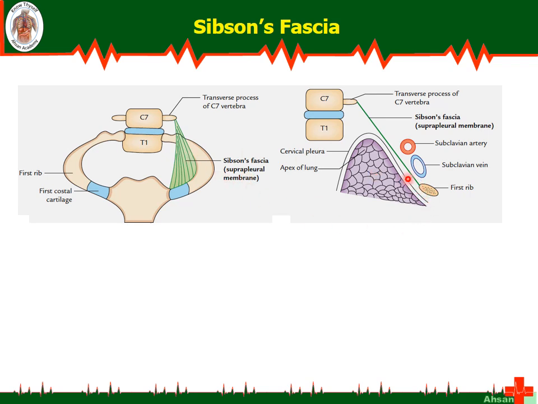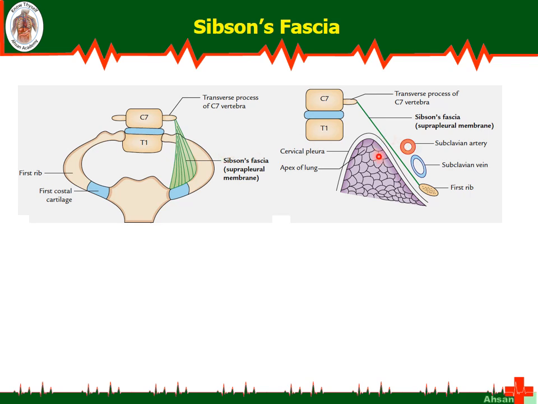So this is a sheet covering the apex of the lung. This is the apex of the lung, which remains covered by a dome of pleura. This is known as the cervical pleura. This part of the apex extends into the neck. So it is exposed under the skin, and it is protected by this dome of pleura, the cervical pleura, and a very tough Sibson's fascia, also known as the suprapleural membrane.